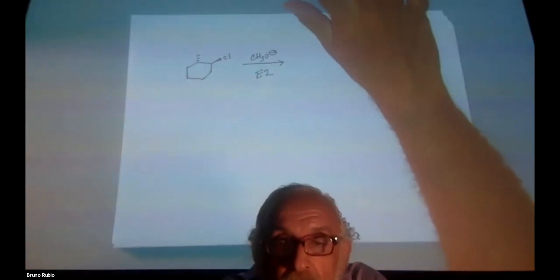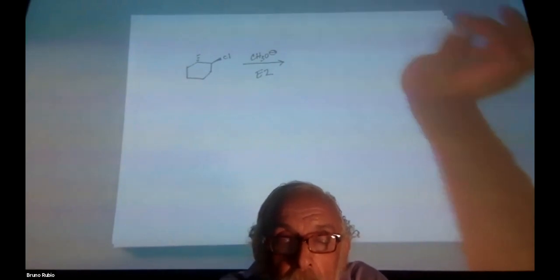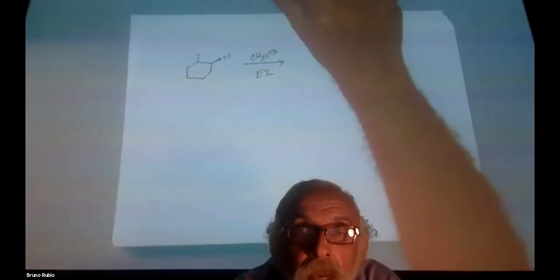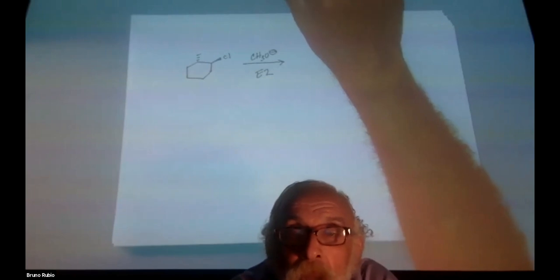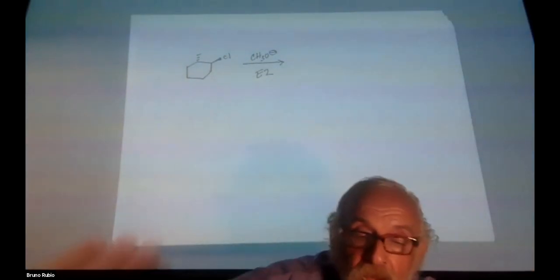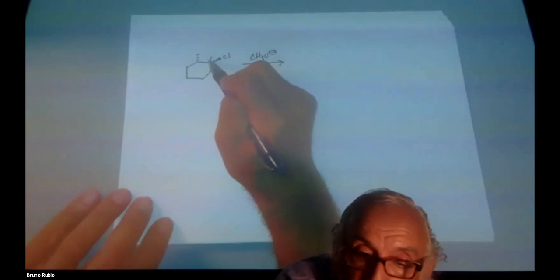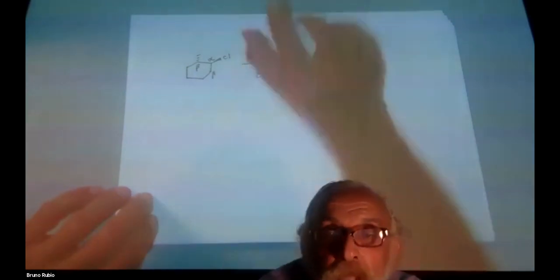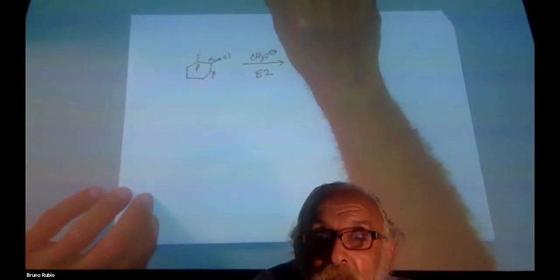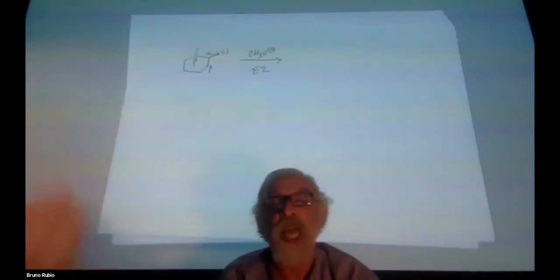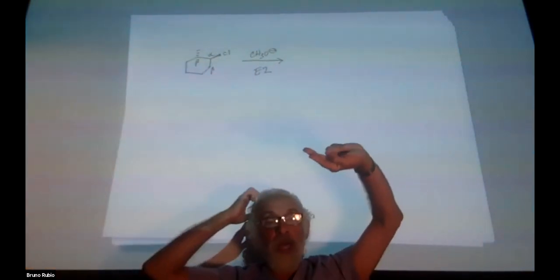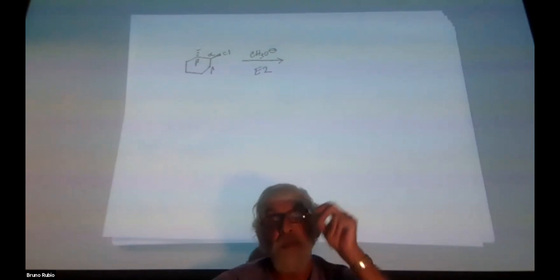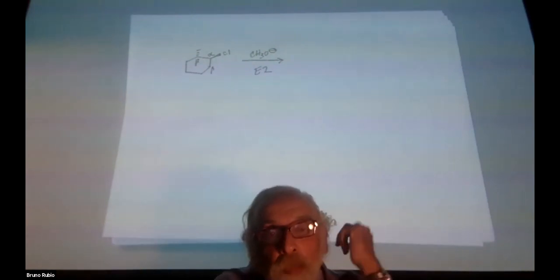Okay, so tell me in the chat here, major product is the double bond. Am I going to swing the double bond to the left, or am I going to swing the double bond to the right? The carbon that bears the leaving group, that's the alpha carbon. The neighboring carbon is the beta carbon. The E2 elimination puts in a new double bond between alpha and beta. Tell me in the chat here, is the new double bond going to be to the left, or is it going to be down in the major product?